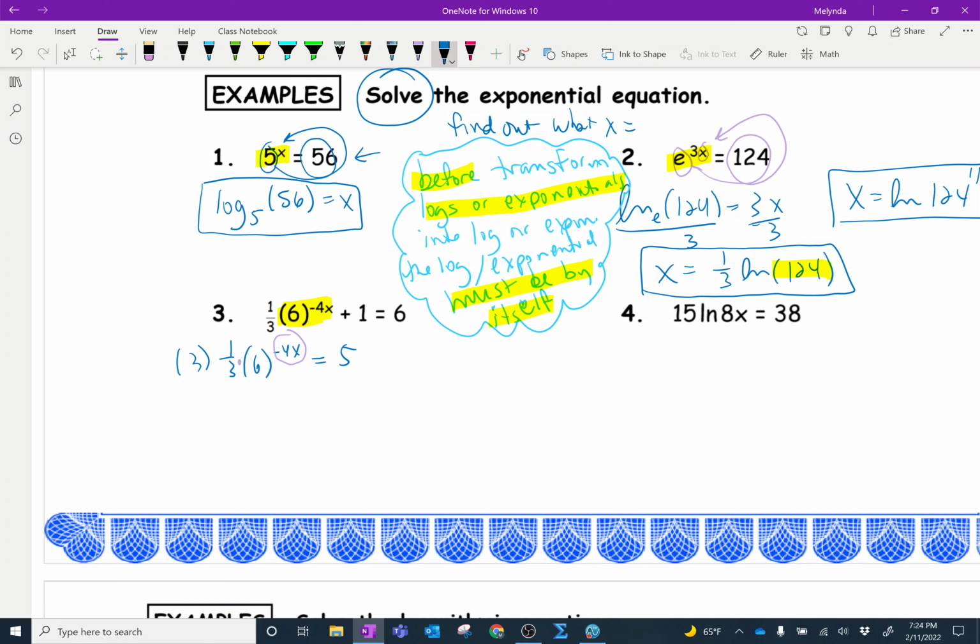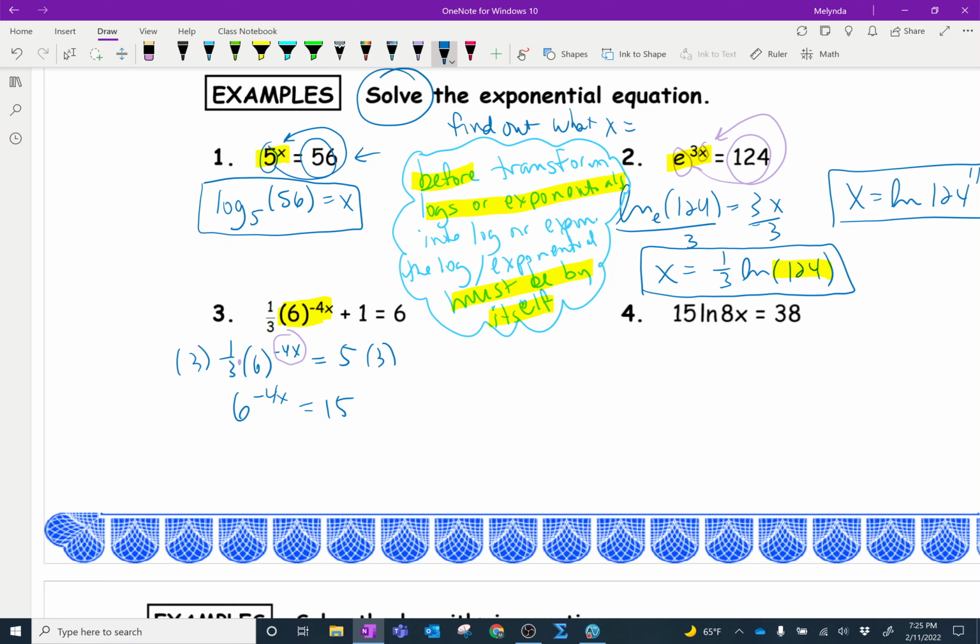So I would have 6 to the negative 4x equals 15. Okay, so now we are at the place where we already were in numbers 1 and 2. I have the exponential isolated. So now we're going to turn it into a logarithm. So log base 6 of 15 is negative 4x.